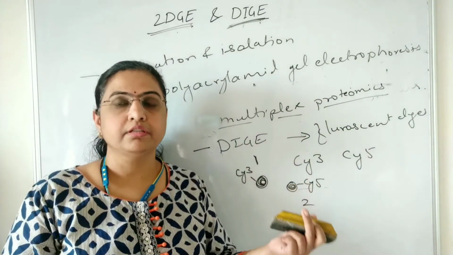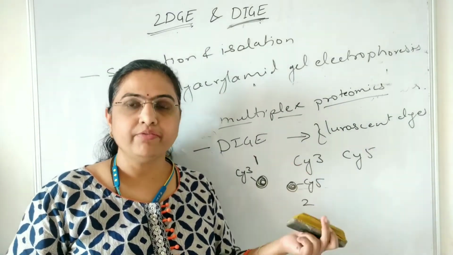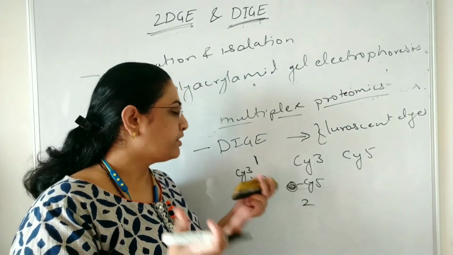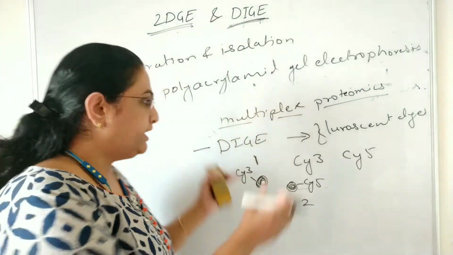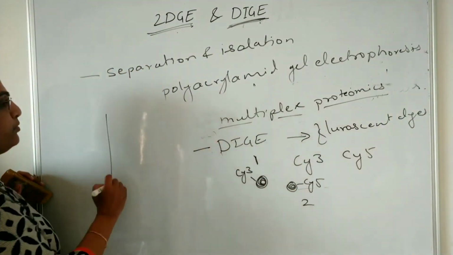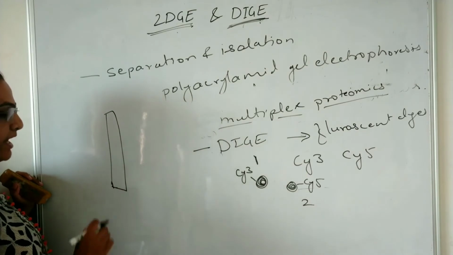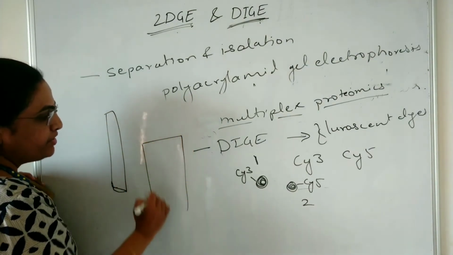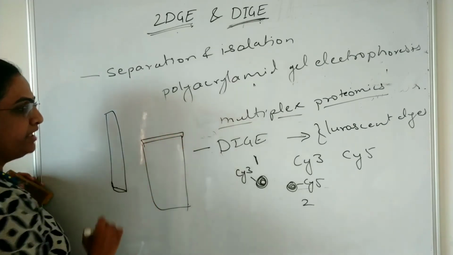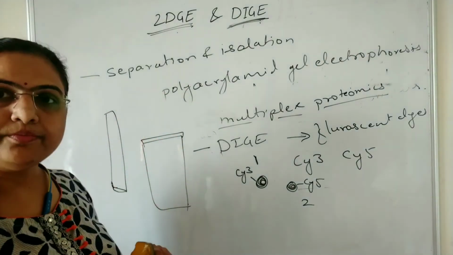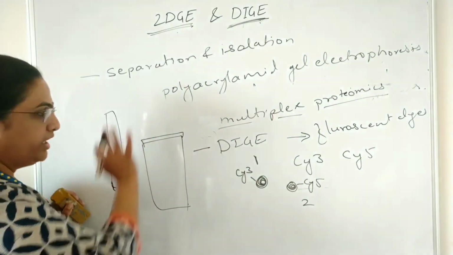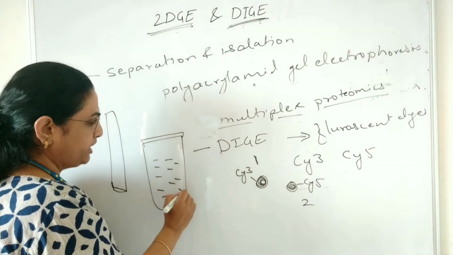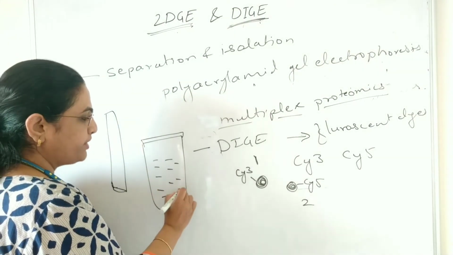The two samples are tagged with two different fluorescent dyes, and then they are run in the first dimension by isoelectric focusing, and then in the second dimension on SDS-PAGE. In this way there will be separation of the proteins.